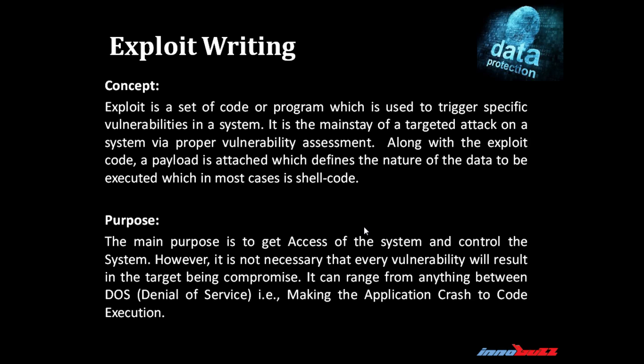The main purpose is to get access to the system and control it. However, it is not necessary that every vulnerability will result in the target being compromised. It may result in anything between denial of service, namely making the application crash, to code execution.